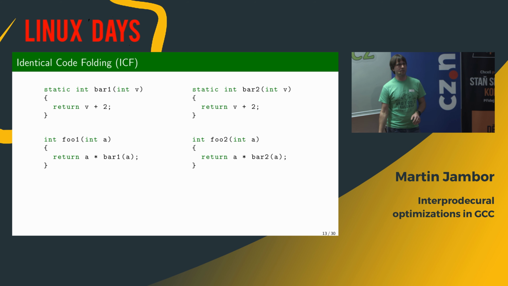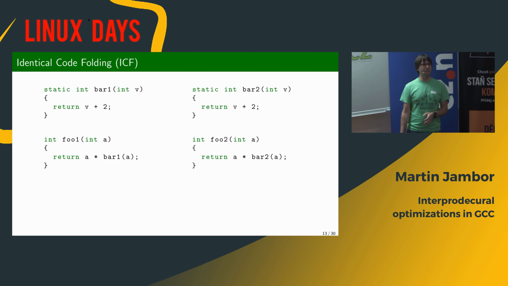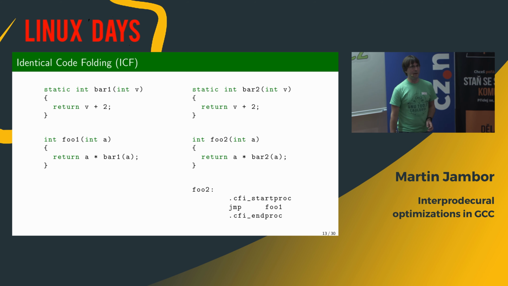Someone somewhere took their address, which means that if those addresses are compared for equality, the result has to be false. Therefore, they do have to have different addresses. So they are not merged with an assembly alias of one symbol with another, but with a tail call. Basically, function foo2 is replaced with just a jump to the semantically identical one.